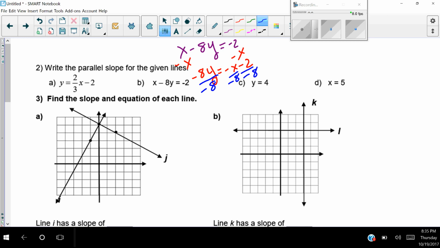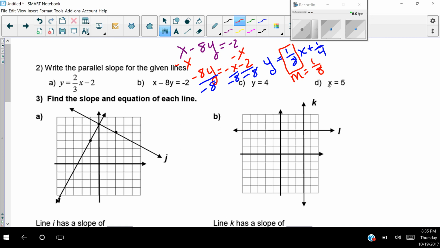So I get y equals a negative divided by a negative is a positive, still 1/8 x. Negative divided by negative is a positive. 2/8 simplifies to 1/4. I will show you how to write that in your calculator. So my slope for this line is actually 1/8. And so my parallel slope is going to be, again, 1/8, right?